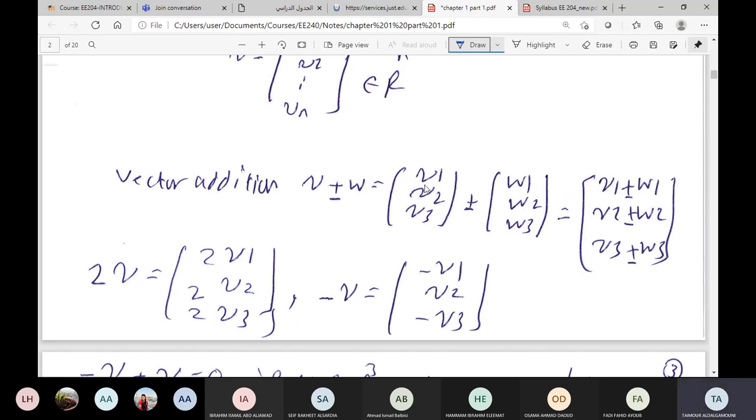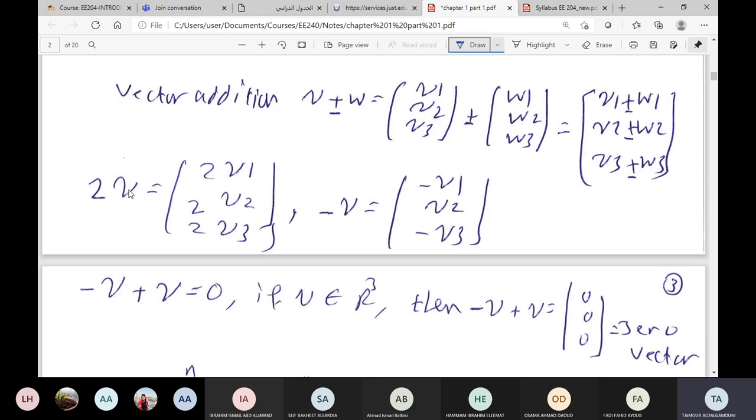We cannot add a three-dimensional vector to a two-dimensional vector. We add a three-dimensional vector to a three-dimensional vector. When we add them, we add the corresponding entries together: V1 plus W1, or minus if we are subtracting, V2 plus W2, V3 plus W3.